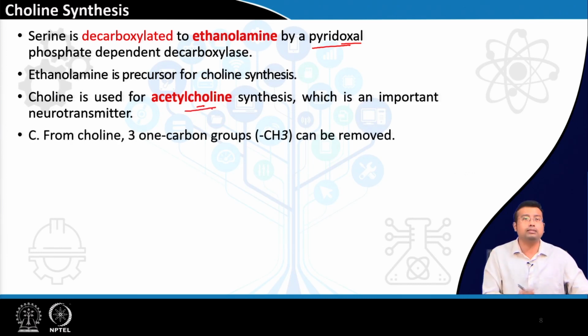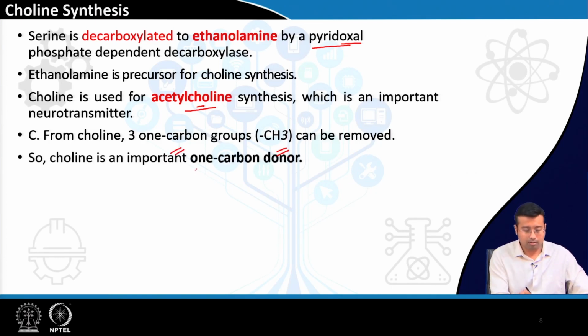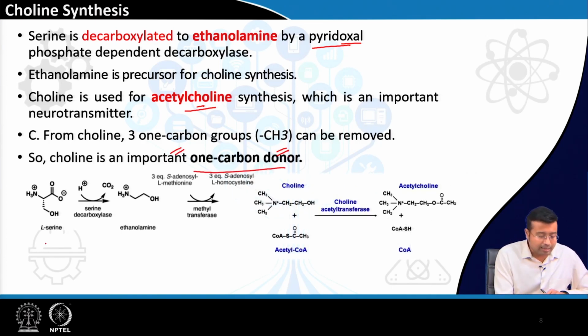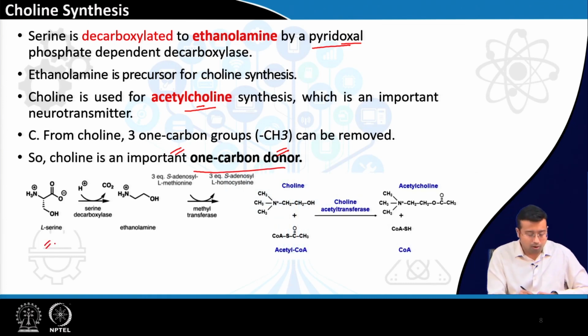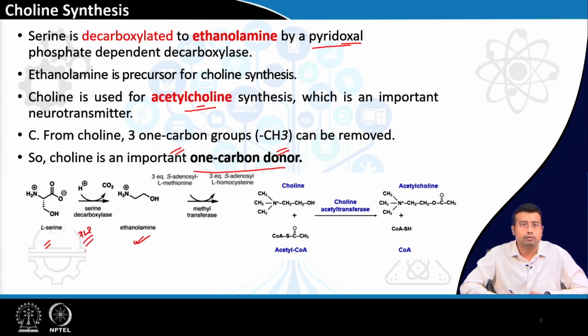So, let us see how it happens. From choline, actually 3 one-carbon methyl groups can be removed. So, let us see what is happening. Serine is first decarboxylated to form ethanolamine. It loses one carbon dioxide with the help of serine decarboxylase, which requires PLP or pyridoxal phosphate.